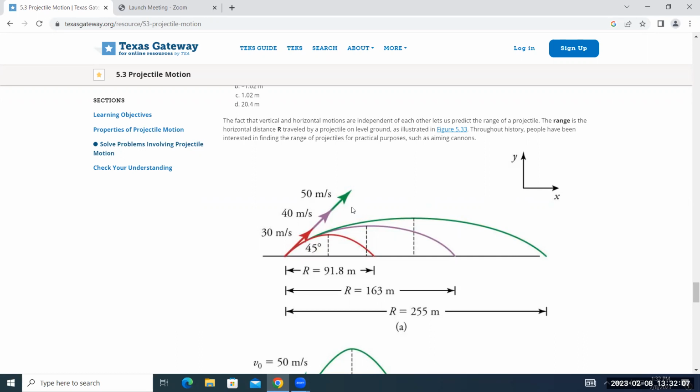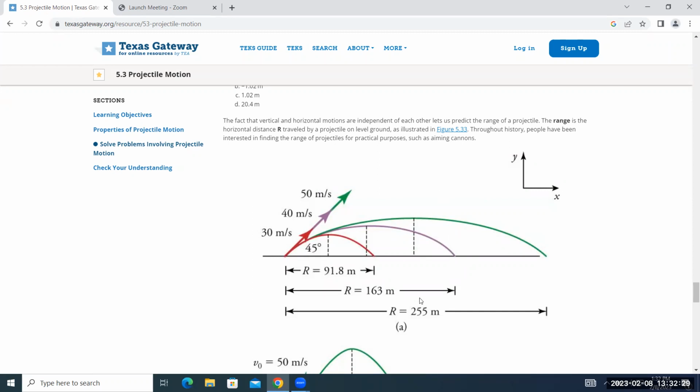We can draw that same arc. So if we know what the angle is, look what happens. The faster the velocity is as that projectile leaves whatever its origin is, the longer this distance is going to be. That makes sense.